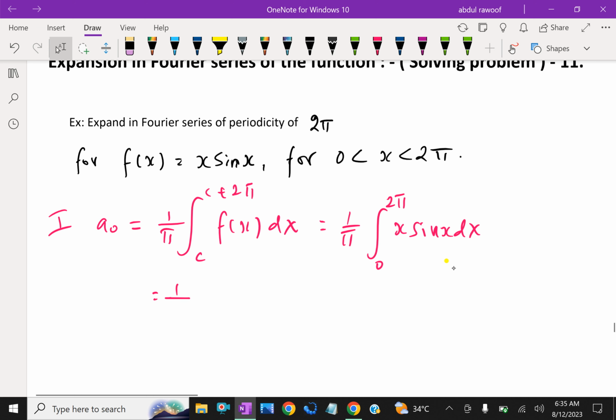1 by pi, integral of x sin x, using the product rule.